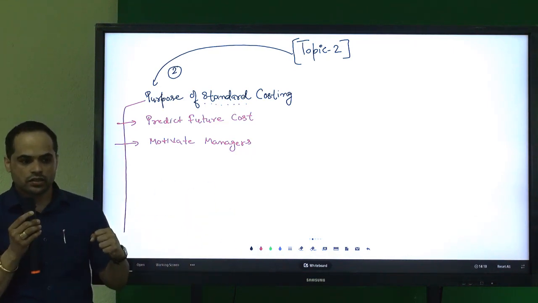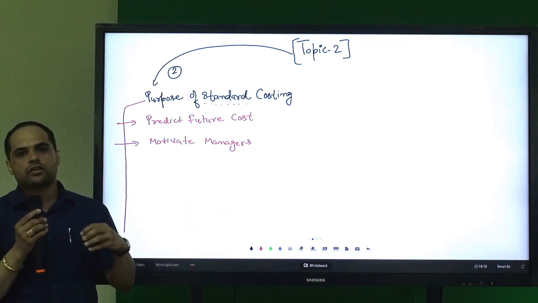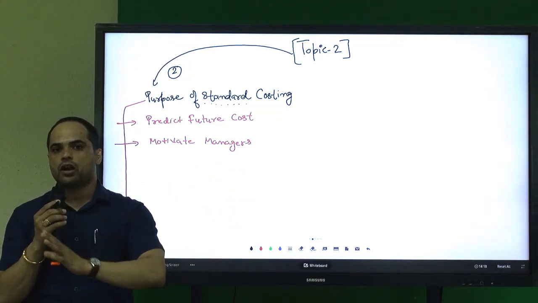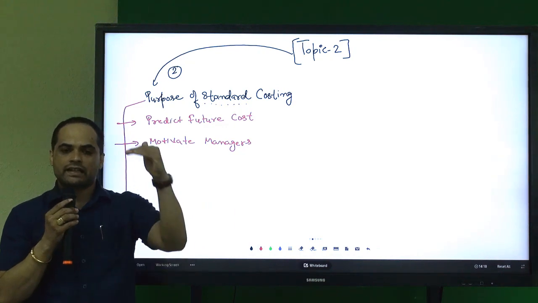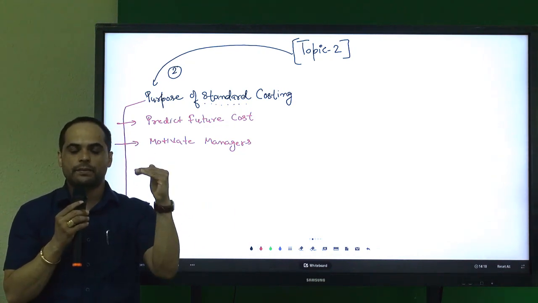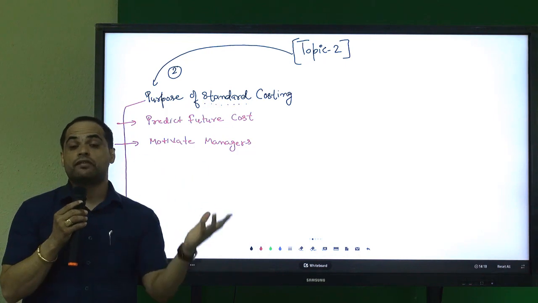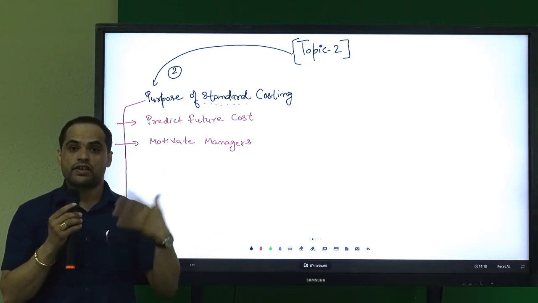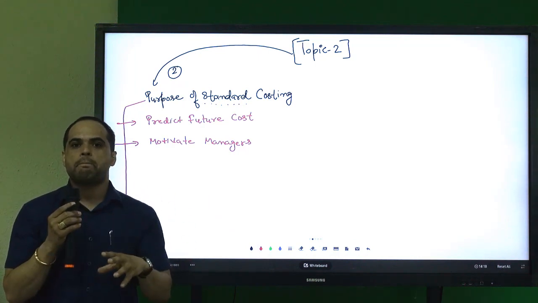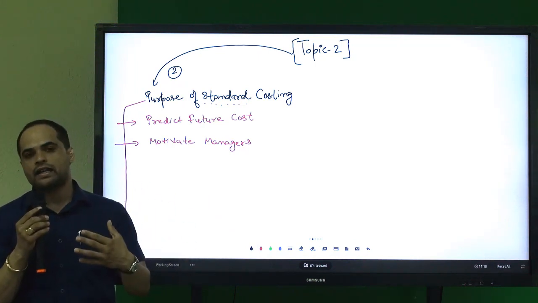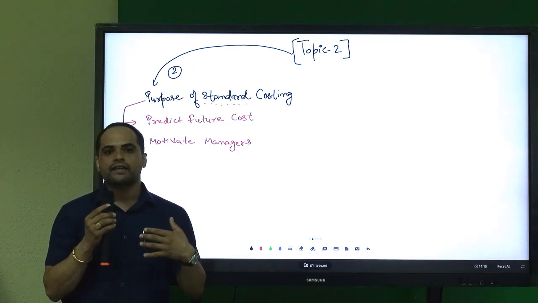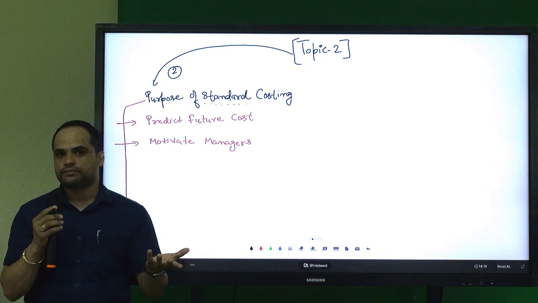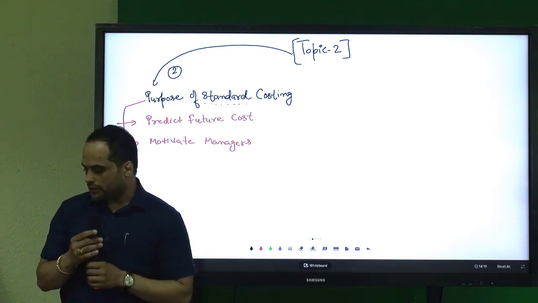So in standard costing, we are giving particular standards to different kinds of people in our organizations, and we are setting a particular target for these people. If they achieve it, the company will give them some rewards. So such standards eventually motivate the managers, because when we have targets or objectives or goals, of course we put in much more effort.